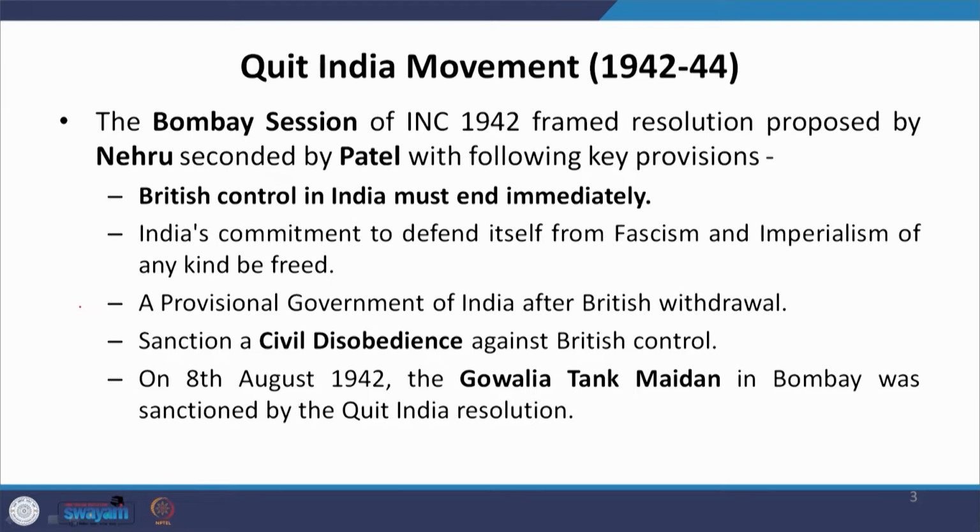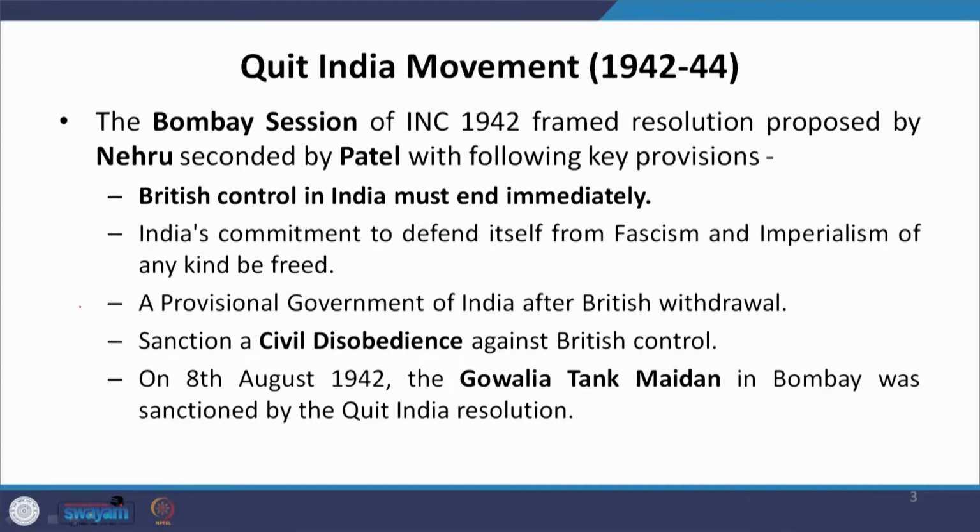Then, India's commitment to defend itself from fascism and imperialism of any kind must be acknowledged, and so India should be free to refrain from participating in any expressions of fascism and imperialism. And then 3, a provisional government of India after British withdrawal, that was the third provision.